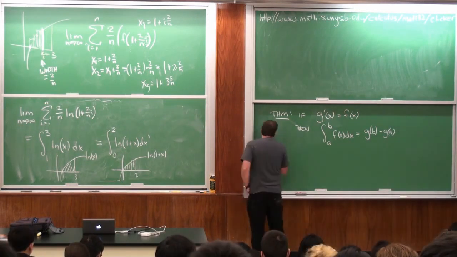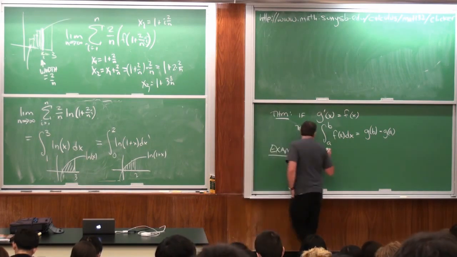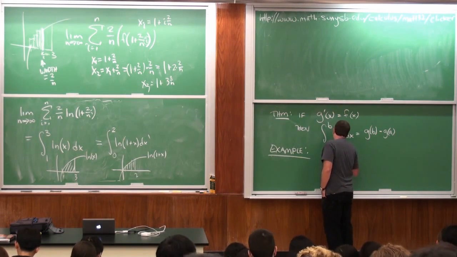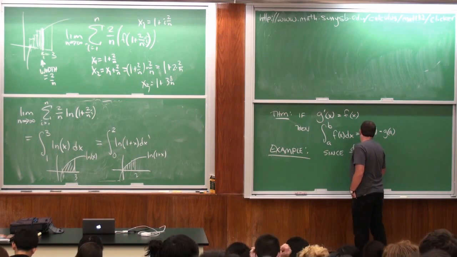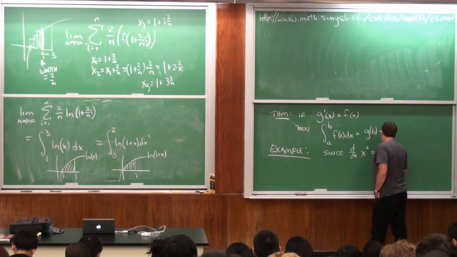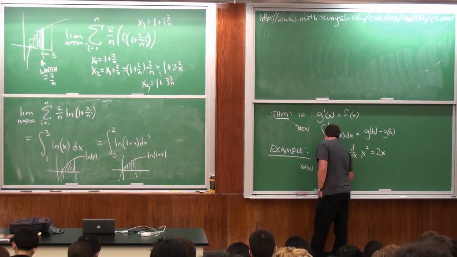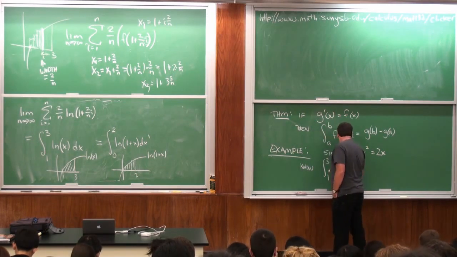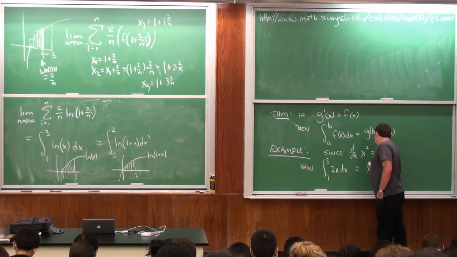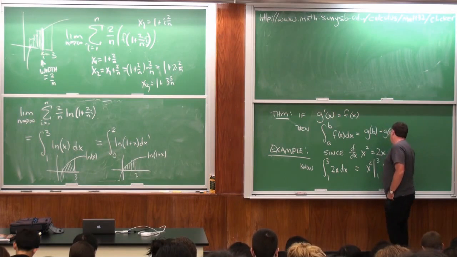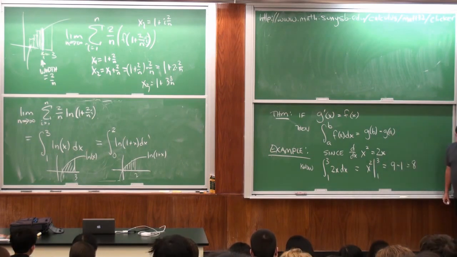So, an easy example: we know that the derivative of x squared is 2x, so we know that the integral from, say, 1 to 3 of 2x dx is x squared evaluated from 1 to 3, which is 9 minus 1, which is 8.